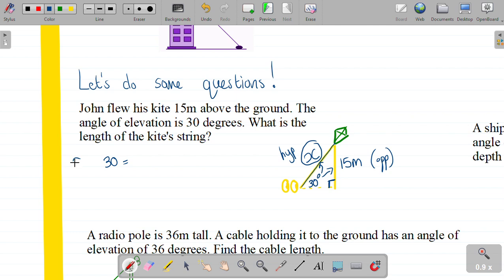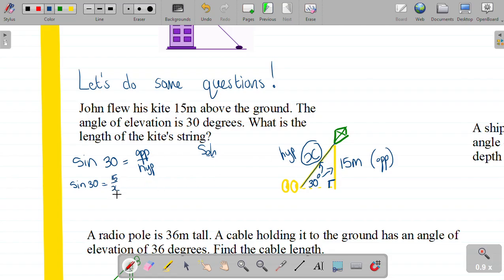We're going to use the sine of the 30 degrees, because remember, sine is opposite over hypotenuse. So this becomes sine of 30 is equal to 15 over x.